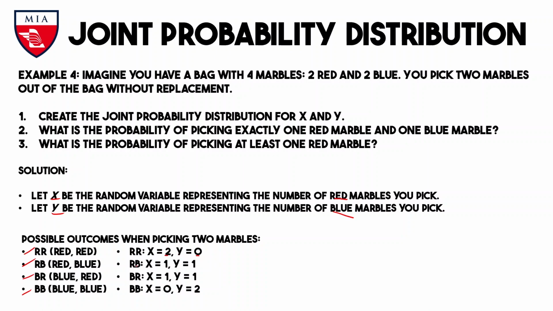Next, red blue. So our x is 1, our y is 1 because we have 1 of each. Next, BR, we have x is 1, y is 1, again 1 of each. And blue blue or BB, we have 0 as x and 2 as our y because we have 2 blues. Again, y represents the blue marbles. So we have this condition.